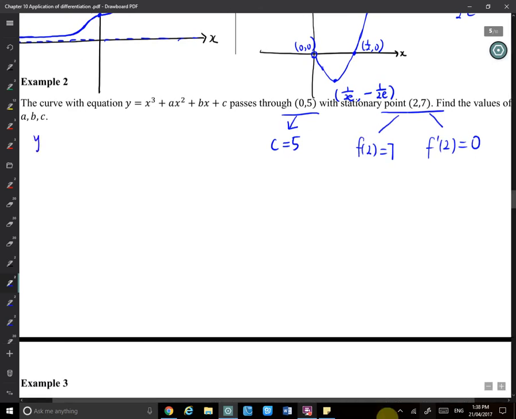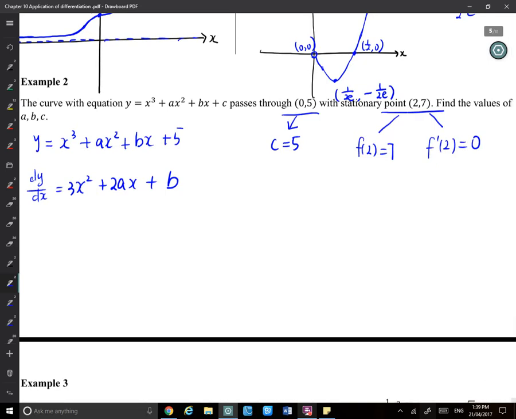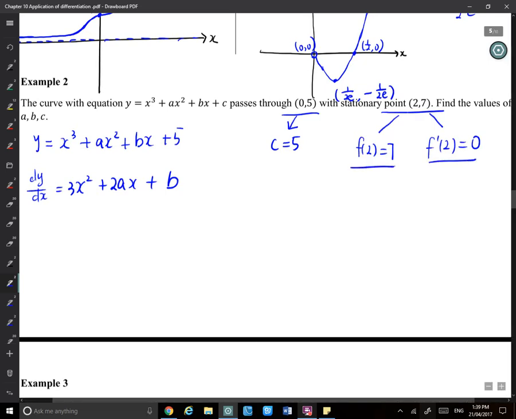So y equals x cubed plus ax squared plus bx plus 5. dy/dx equals 3x squared plus 2ax plus b. You can set up two simultaneous equations by using these two pieces of information.